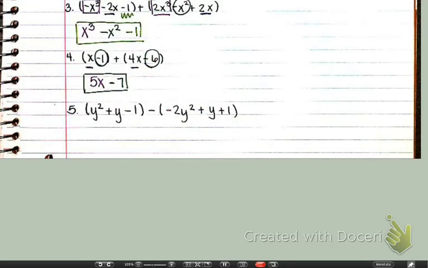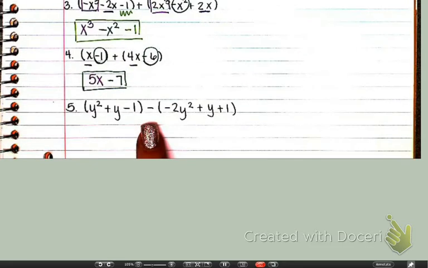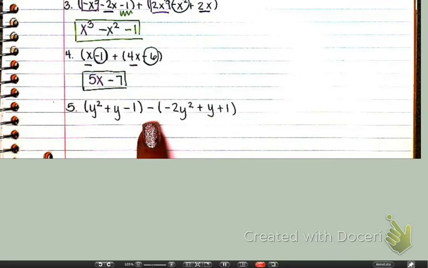Okay, so here's a new one. Everyone's writing down this new one. What's the difference between this problem and the last four? It's subtraction in the middle, right? Okay, this is where people mess up on these.